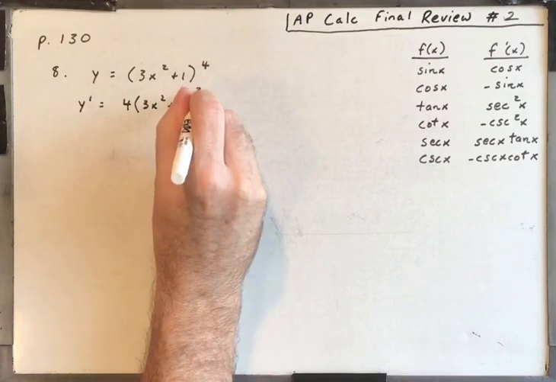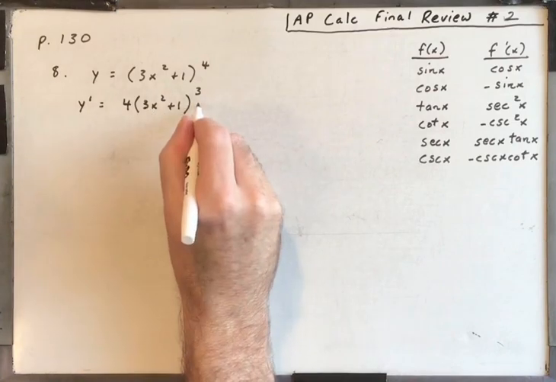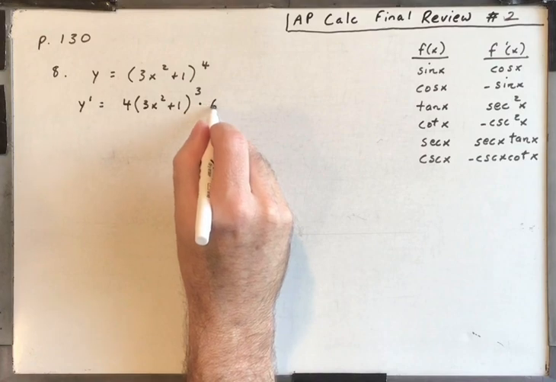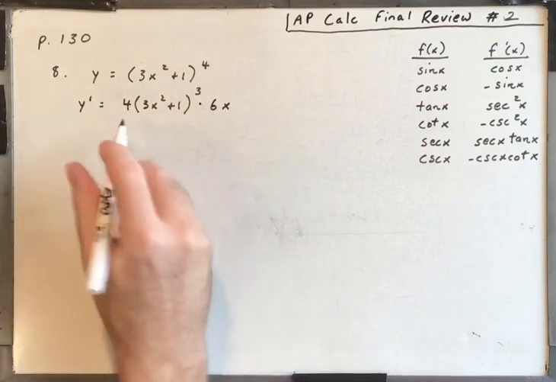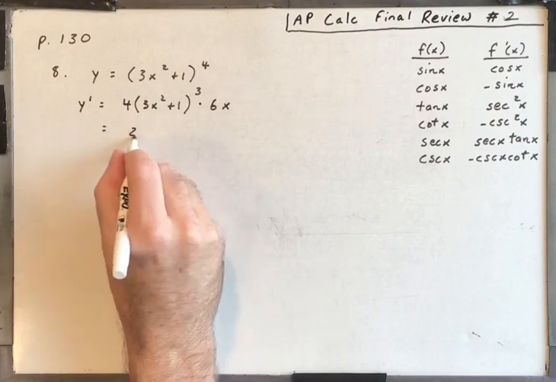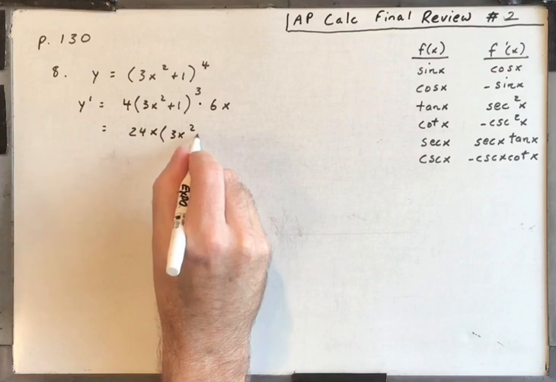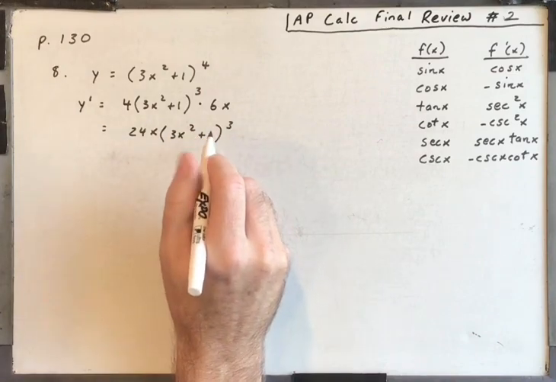Subtract 1 from the exponent, so 3. Do not forget the derivative of the block. It's so easy to forget, and so many students do it. So times 6x. I do expect you to consolidate this a little bit. So I'd have 24x times 3x squared plus 1 cubed. All right.